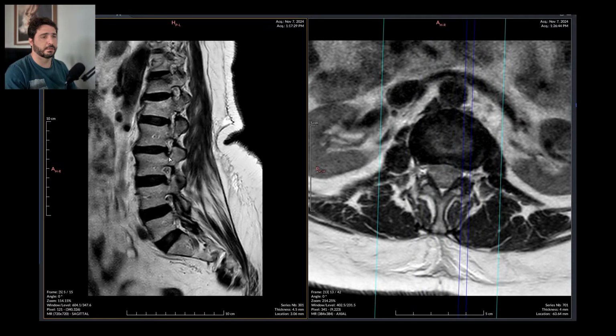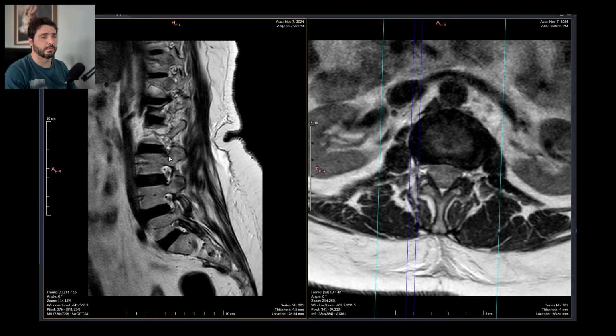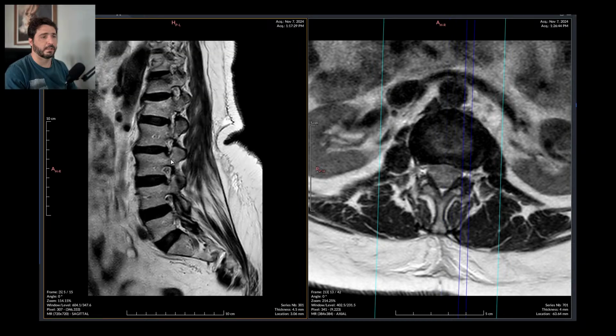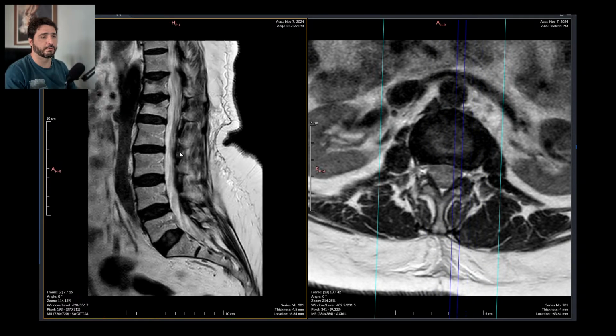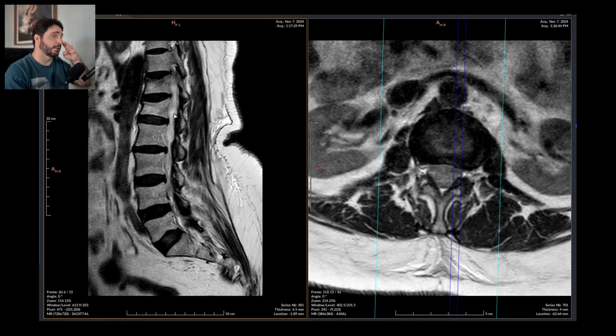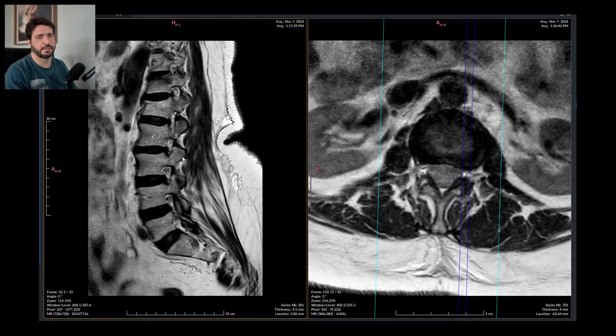And this is also, is this real? I don't know. This just looks like slice thickness artifacts. I think both these segments have the same kind of protrusion. This is 1, 2, 3, 4, and 5. Is this to the left? Yes, it's to the left.